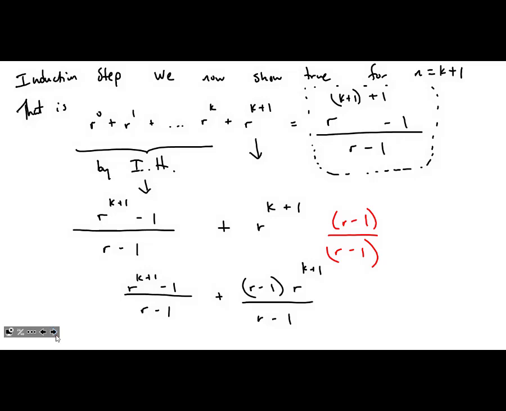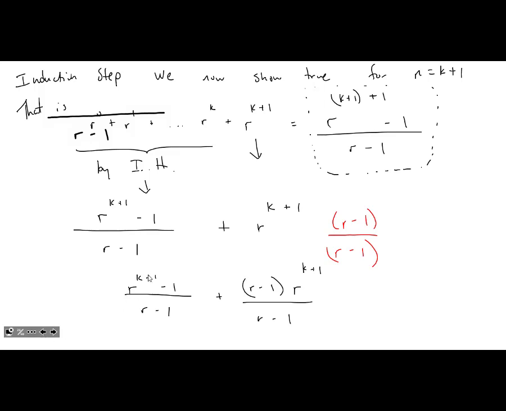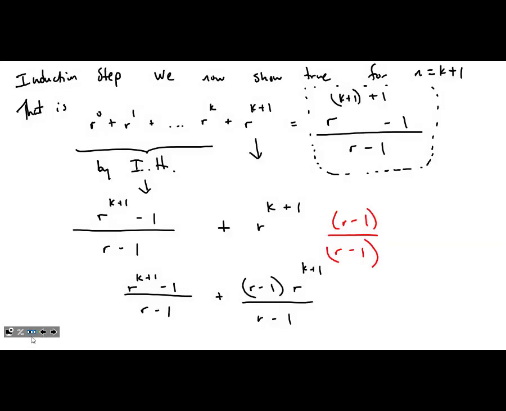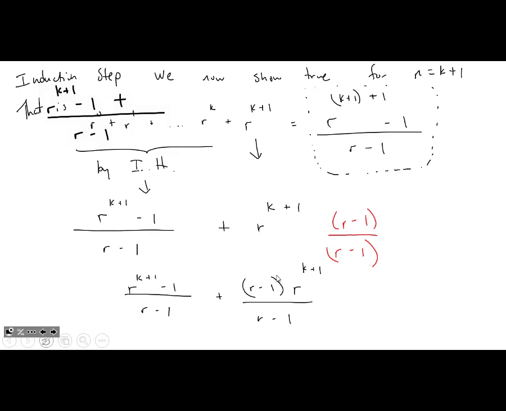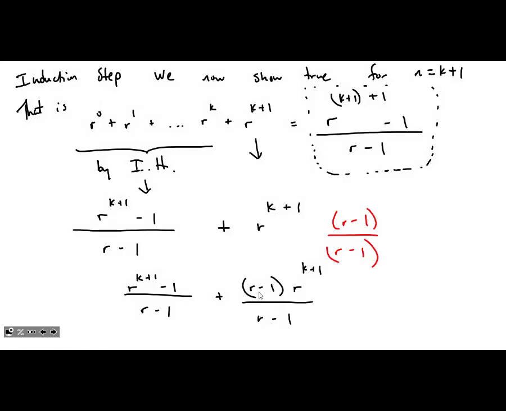So let's continue that over. So r minus 1. And so it's simply numerator plus numerator. So the numerator in this first fraction, r to the k plus 1 minus 1, plus the numerator of this second fraction, r minus 1 times r to the k plus 1.